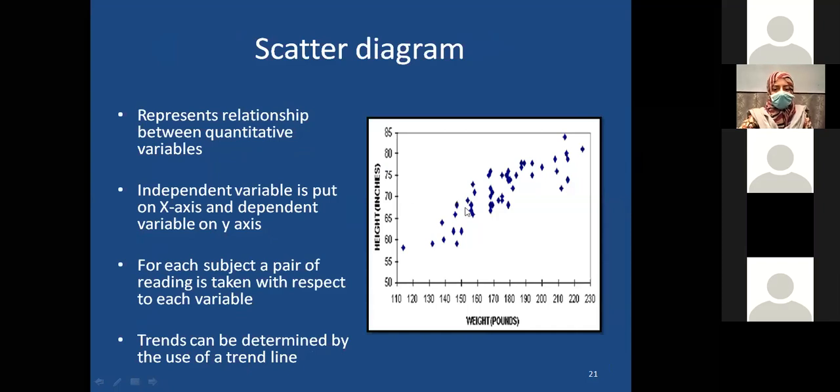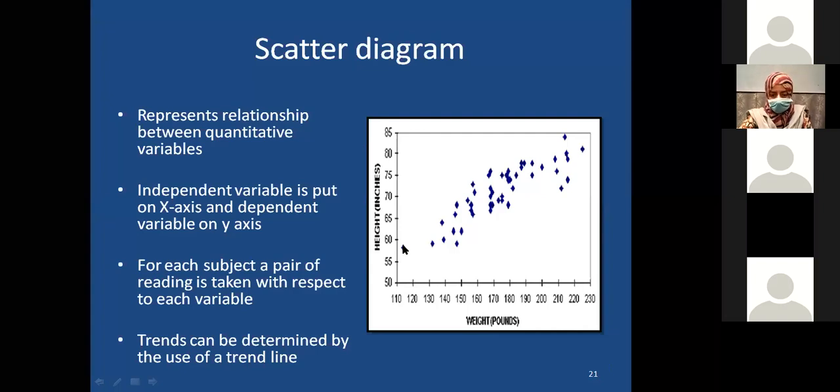Okay, then you have another type of graph that is known as scatter diagram or scatter graph. Okay? It represents the relationship between quantitative variables. There's an independent variable which you have on the x-axis. Okay? And then you have a dependent variable which goes on the y-axis. Okay?